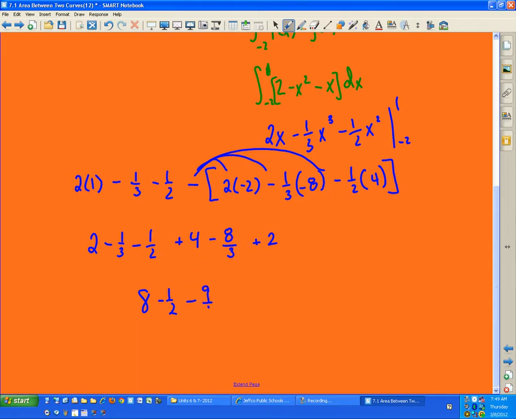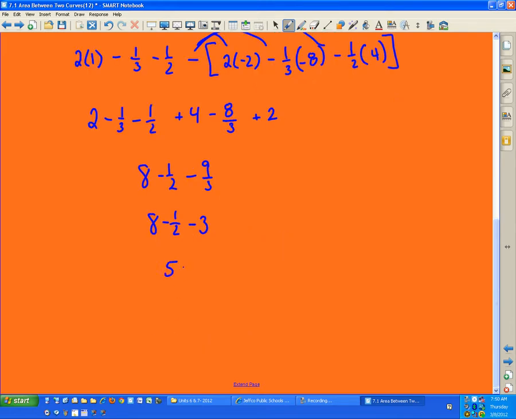So we have 8 and minus 1/2, minus 3. 8 minus 3 gives me 5. So we're saying 5 and subtracting a half, and so with common denominators, 10 over 2 minus 1 gives me an area of 9 halves for the area between the two curves.